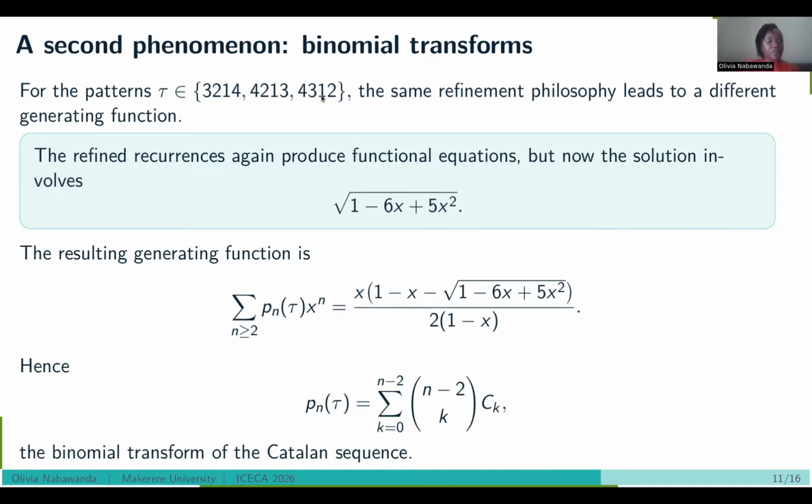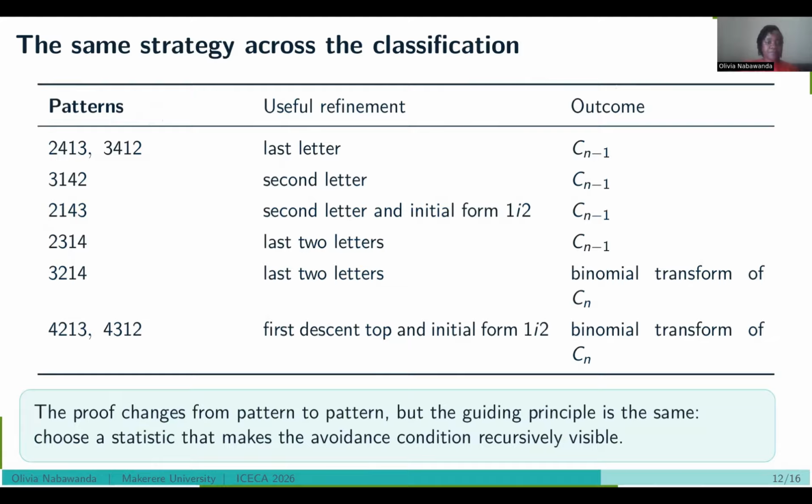And that is precisely the binomial transform of the Catalan sequence. So these three patterns form a different Wilf equivalence class. So the same strategy works across the different classifications of those patterns, giving us the Catalan number C_{n-1}, and the three patterns giving us the binomial transform of the Catalan numbers.